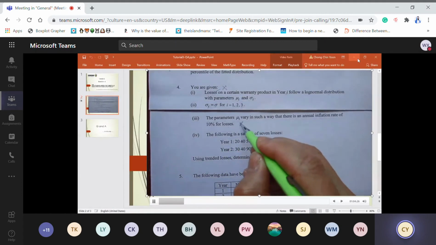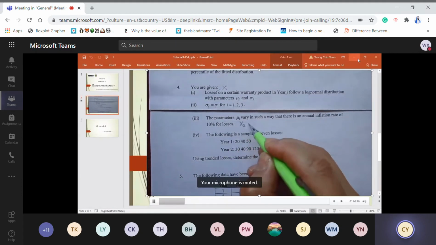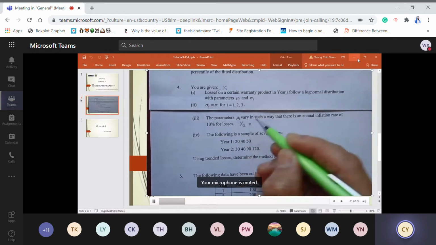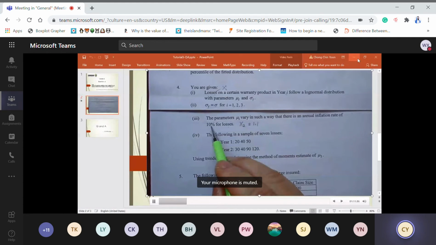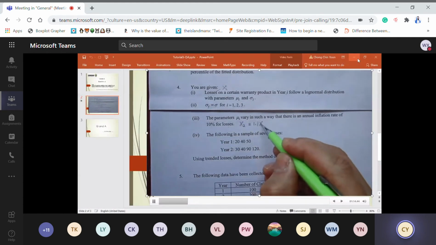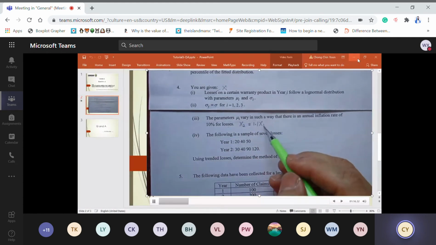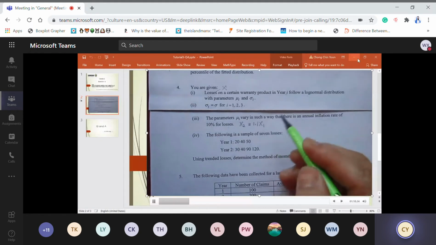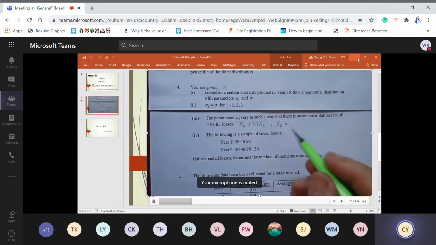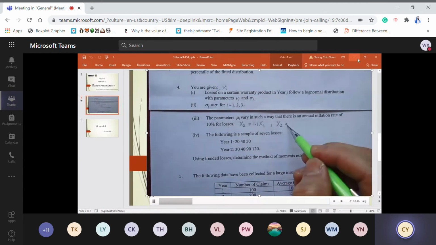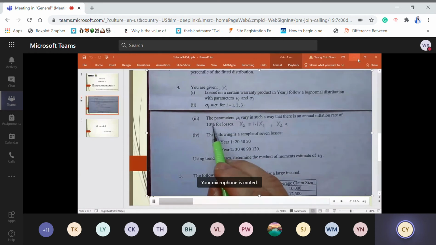Meaning that the X2 random variable is equal to 1.1 times the X1 random variable. And similarly, in year 3, the X3 is equal to 1.1 times the X2 in year 2, that is, affected at 10% from year 2.